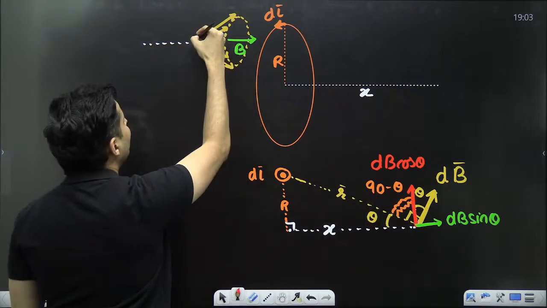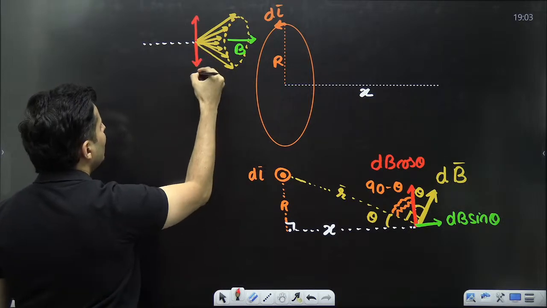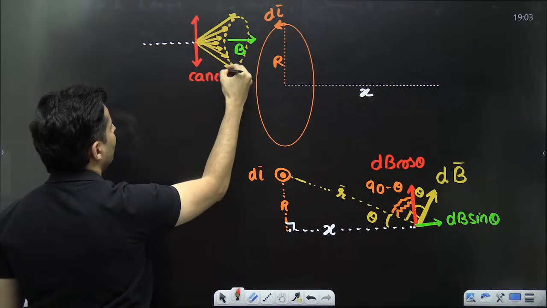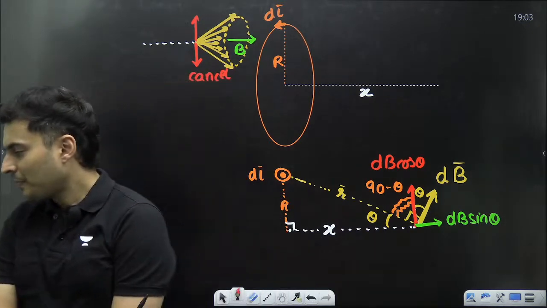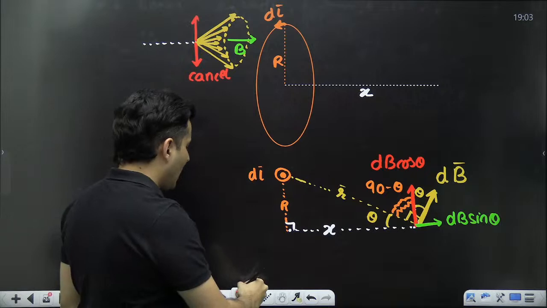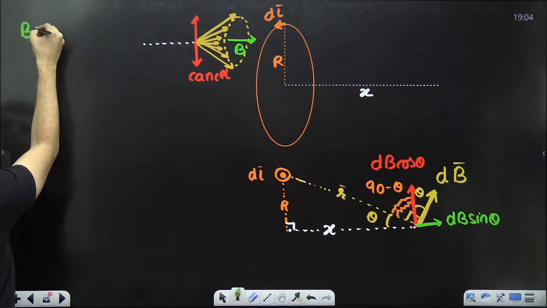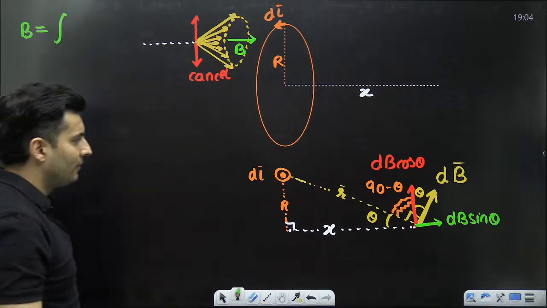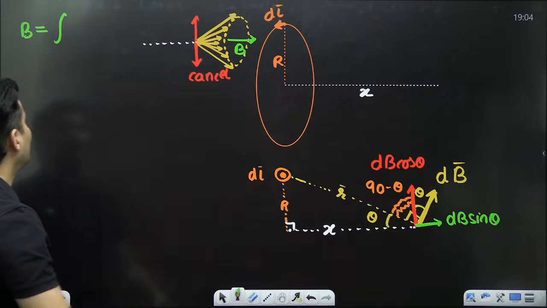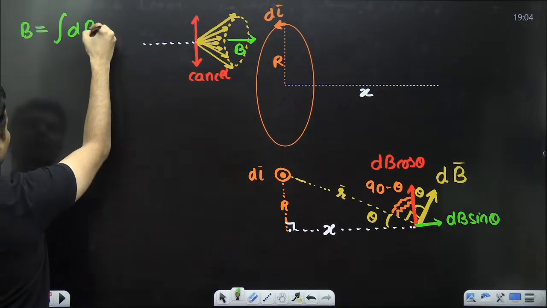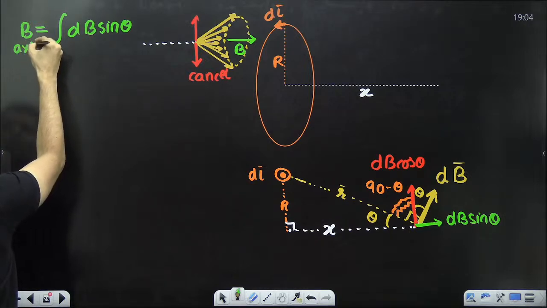If this field creates this component, some field will create the opposite component, they will all cancel. Everybody agrees to this? Awesome. So I can just say that the total magnetic field is integration of not dB cos theta but dB sin theta. This is on the axis of the coil.